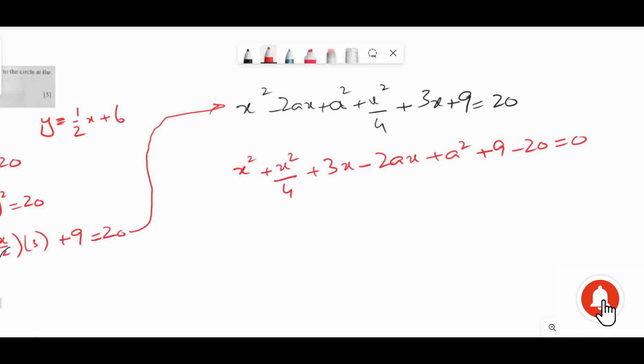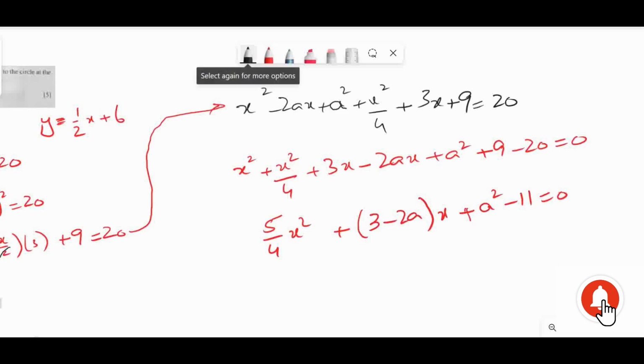Now here we can write it as (5/4)x² + (3 − 2a)x + a² − 11 = 0.